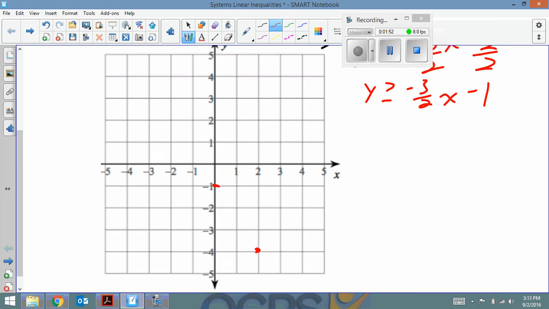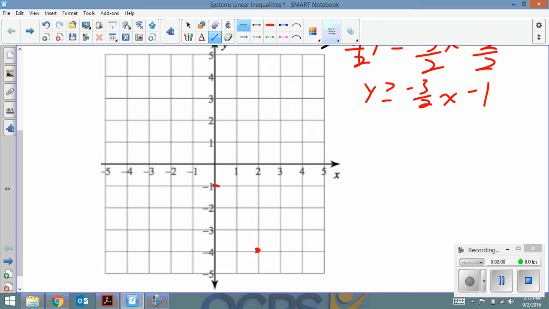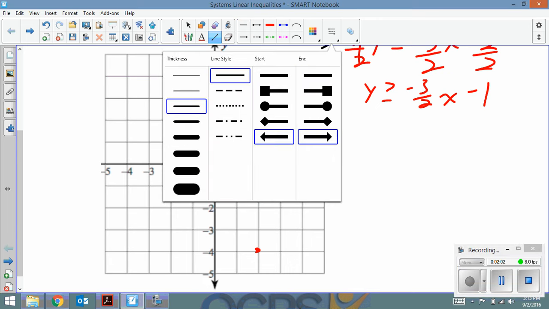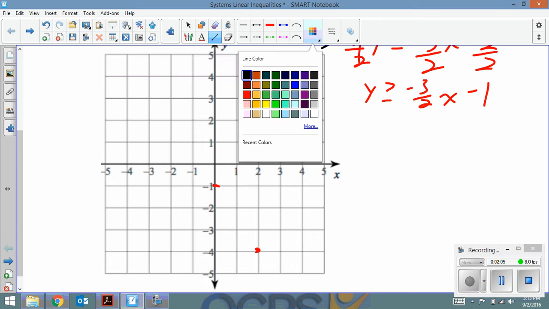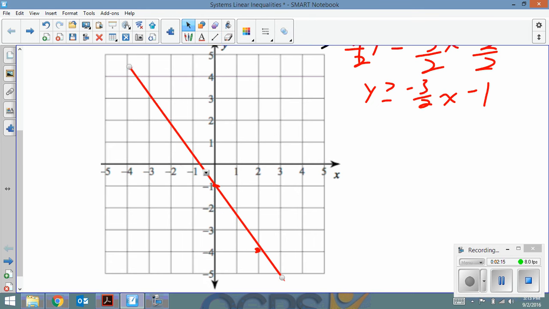Since this has an equal to sign underneath it, we're going to make it a solid line all the way across. All right, so there's my line.